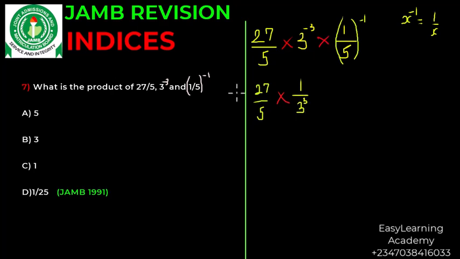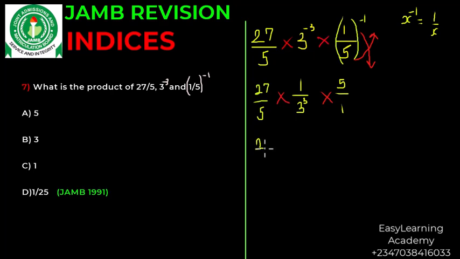Now anytime we have a fraction like this and the fraction is raised to the power of -1, it simply means an inverse of that fraction. The denominator becomes numerator and numerator becomes denominator. So this is going to become 5 all over 1. Let's keep solving this.